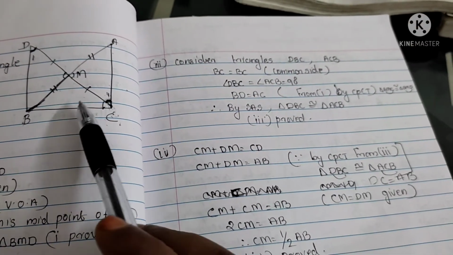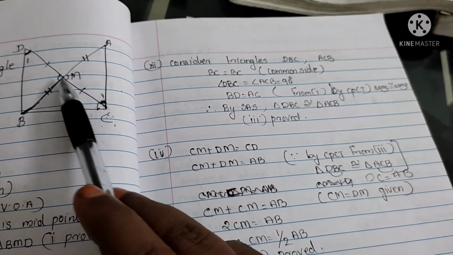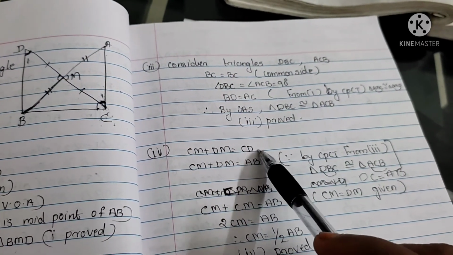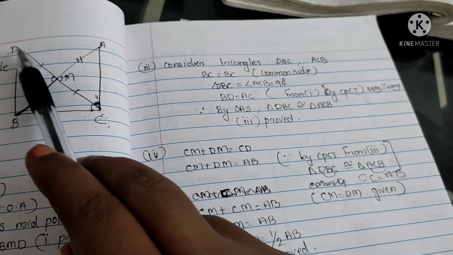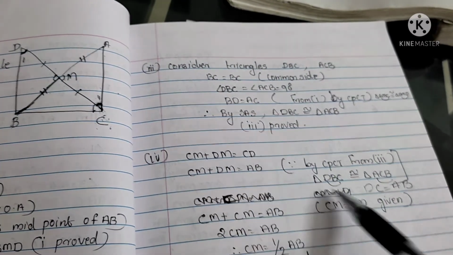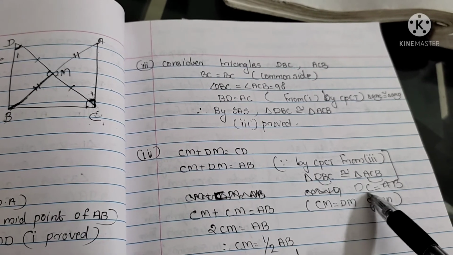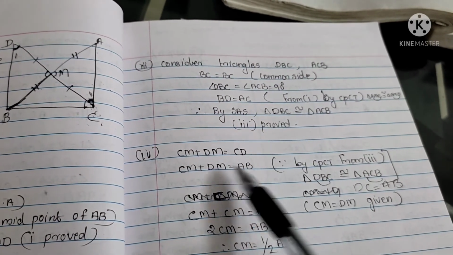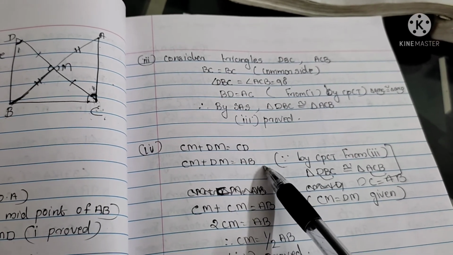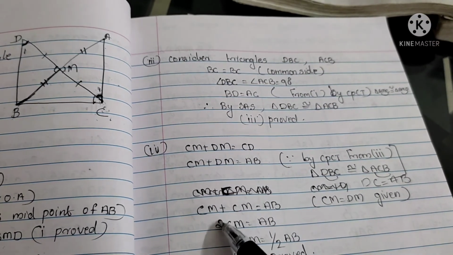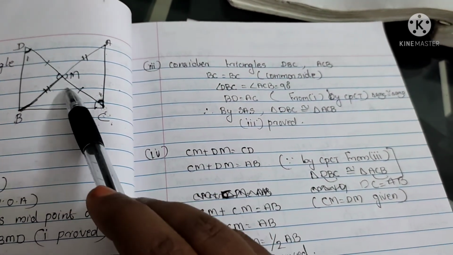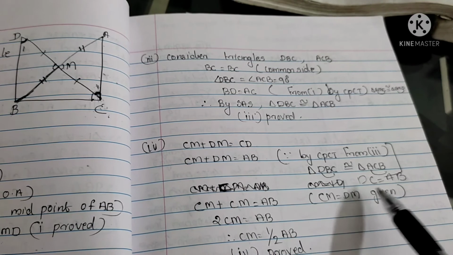Consider CM plus DM is equal to CD. What is CD? CD is equal to AB. That is, CM plus DM is equal to AB. CM is equal to DM, given in the question.